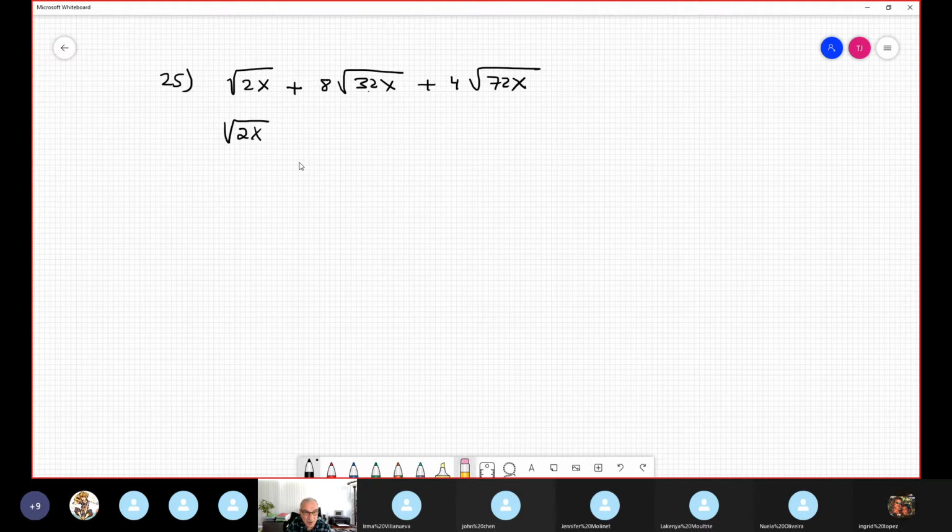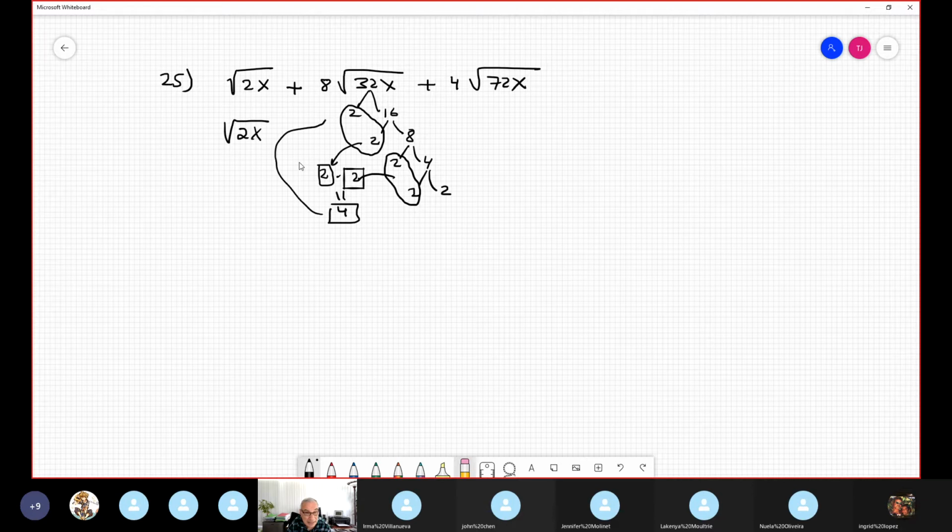In my mind, I break down 32. Divided by 2 is 16. Divided by 2 is 8. Divided by 2 is 4. And 2 and 2. Here I can see one couple of 2, another couple of 2, representing one 2 outside and another 2 outside, and 2 times 2 together is 4, and this 4 multiplied by 8 gives 32. Do you see the operation? I take 32, I break it down into prime numbers.